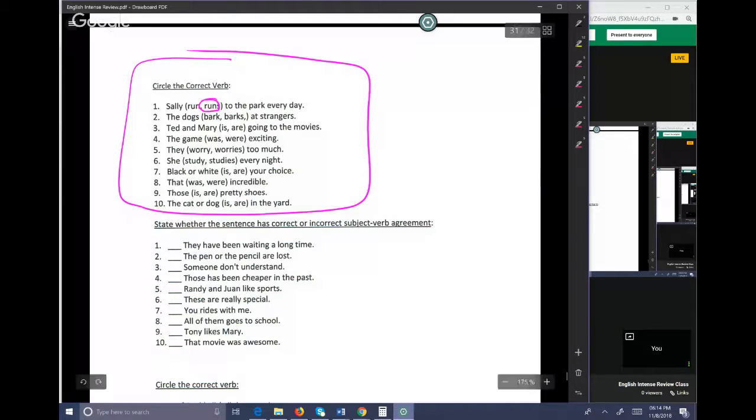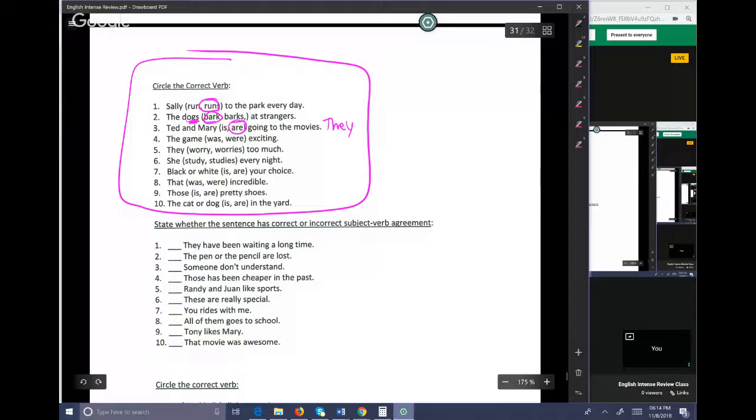The dogs, so that's plural. So the dogs bark. Ted and Mary. So when we have 2 subjects and there's an and between them, it makes it plural. It basically makes it they. So Ted and Mary is like saying they. So they are going to the movies.